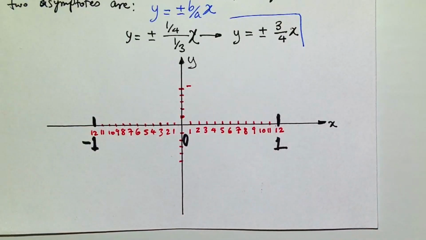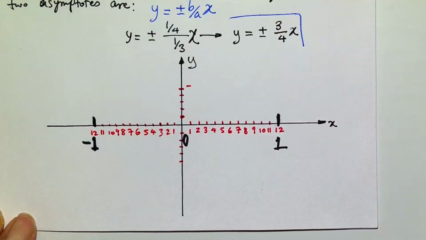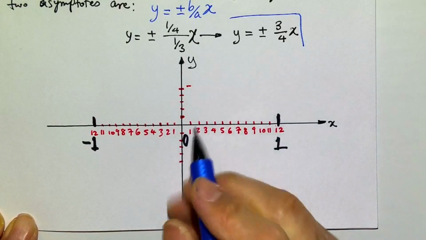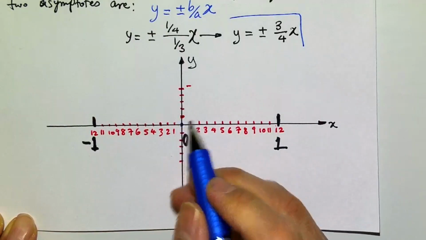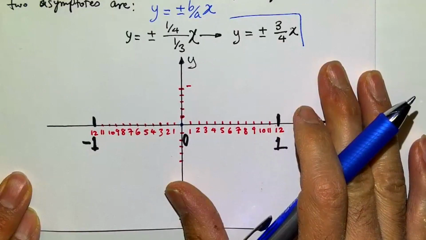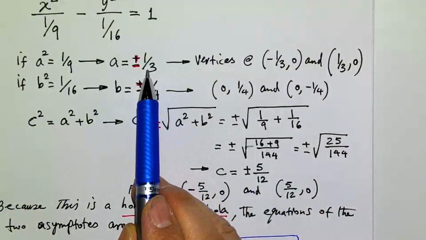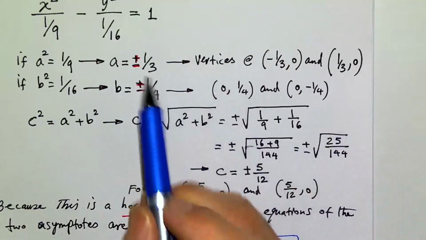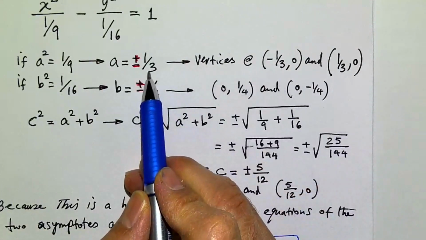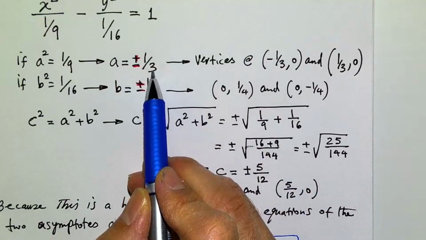Okay, so now I'm going to draw the central box first. The central box will help me draw the asymptotes much easier. So this being the origin, A is 1/3 of the 1 increment. So this will be 12 divided by 3, or 4.